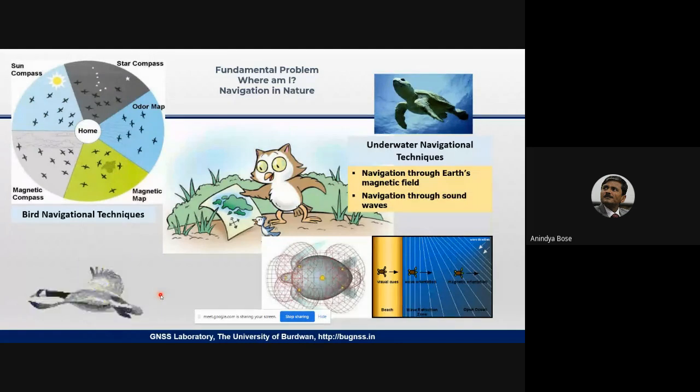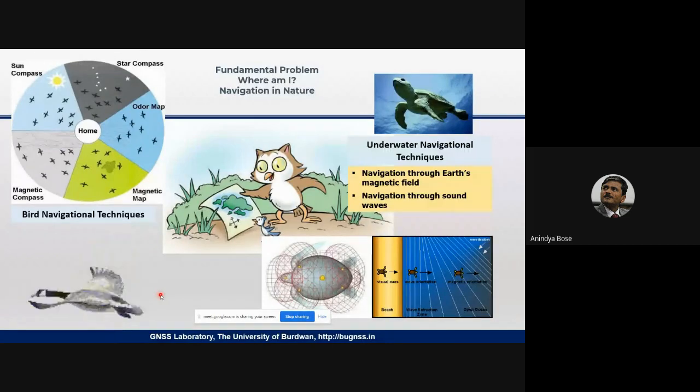Every year, in many places in India, these birds migrate due to the very strong winter there. They come down to these places, and after some time they go back to their own habitat. So how can they do this, even generation after generation? I have read, and you must have also read, many articles on how they navigate.